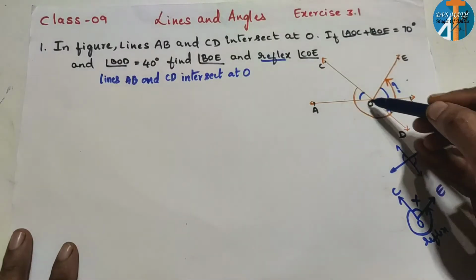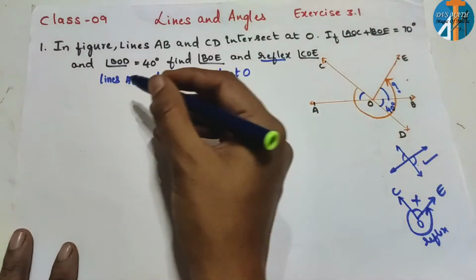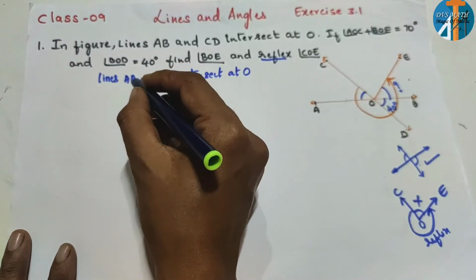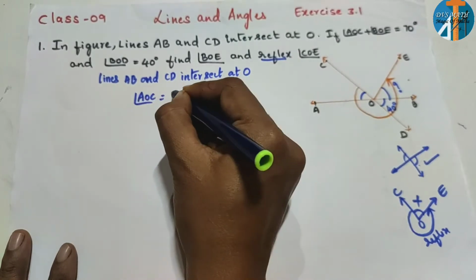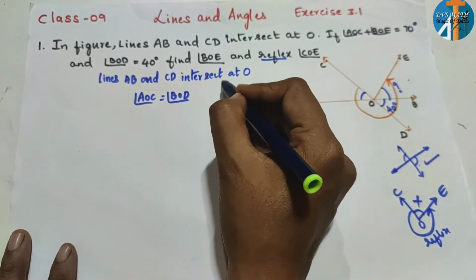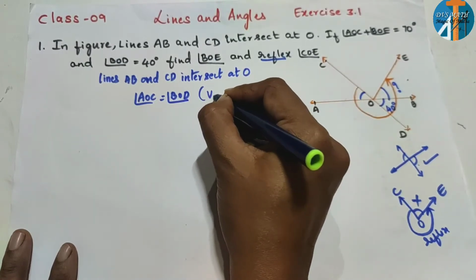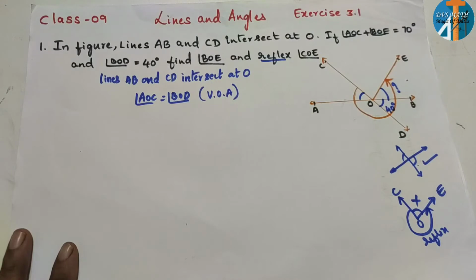Because vertically opposite angles are equal, as in the vertically opposite angle definition. So angle AOC is equal to angle BOD. This we can write because they are intersecting. Why? They are vertically opposite angles. I am writing in short form, vertically opposite angles.